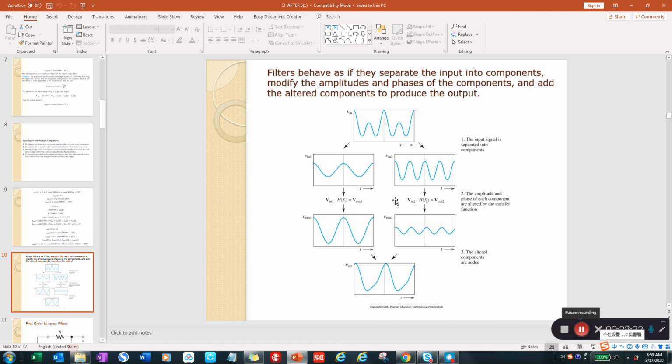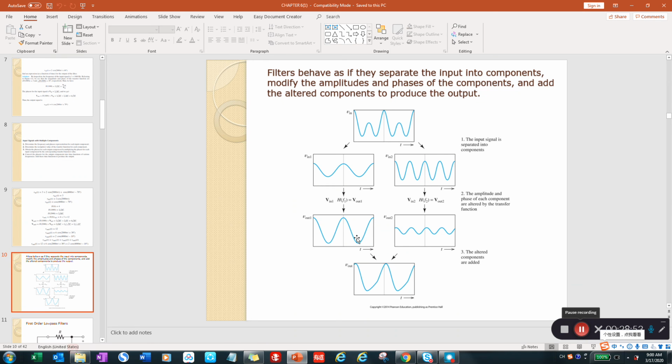Since the signal and the noises have different frequencies, we can design a filter. For the low frequency, we amplify the signal, so you can see the output component for the low frequency signal will be amplified. For the high frequency noises, we can reduce the amplitude so that we can get rid of the noises.